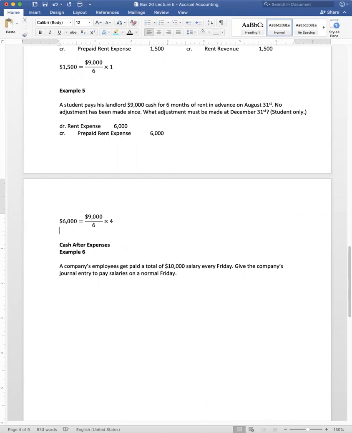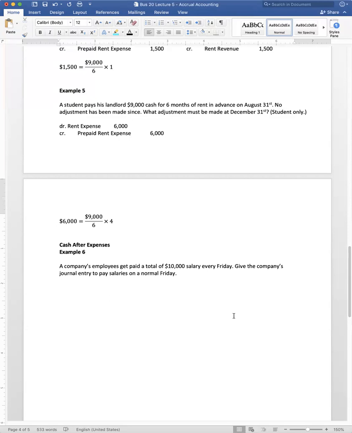So let's take a look here. Let's say that a company's employees get paid a total of $10,000 salary every Friday. All right, so what is the journal entry to record salary on Friday? Right? So the employees get paid on Friday. It's a 5-day work week, right?